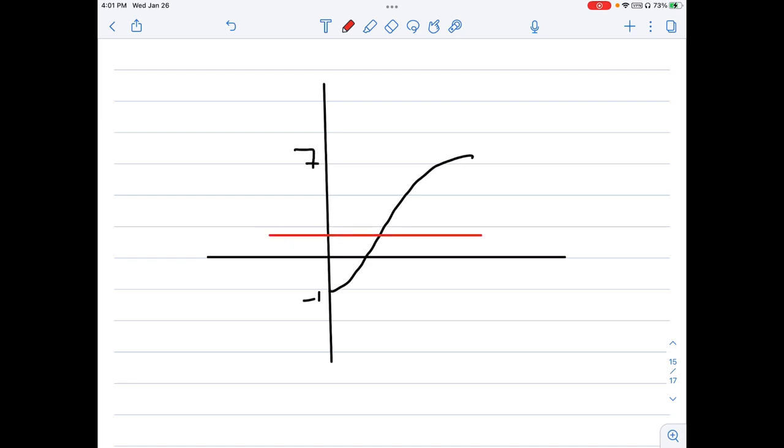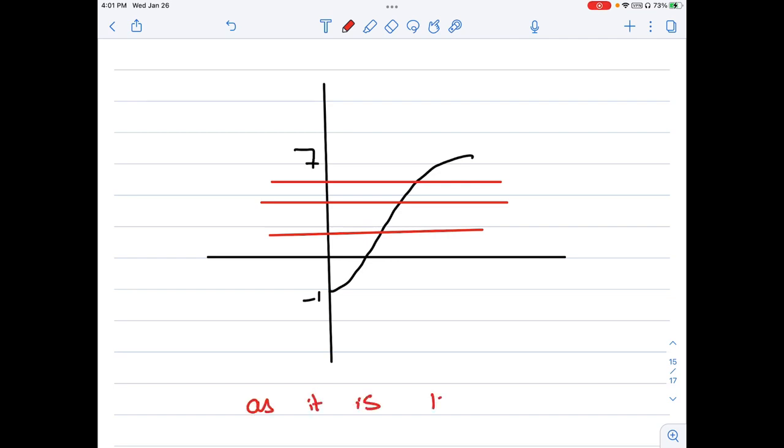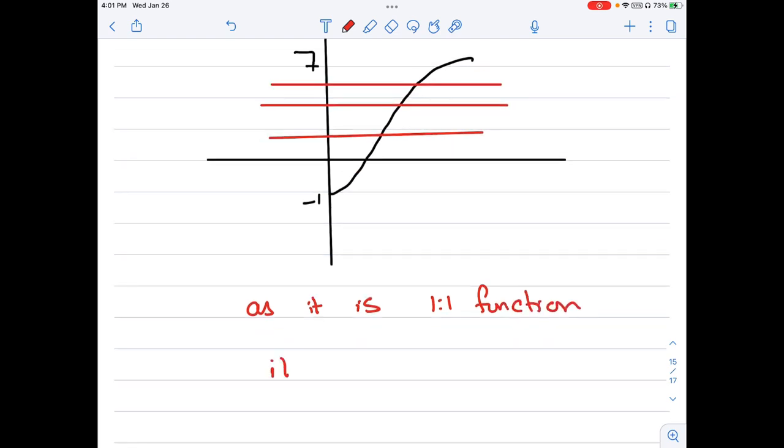So if you draw a horizontal line, it is intersecting at only one point. So as it is a 1, 1 function, it has inverse. Only 1, 1 functions will have inverse. It has inverse.